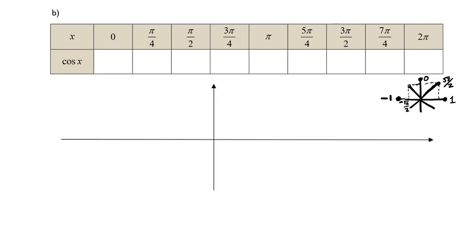At 5 pi over 4, I will be at negative root 2 over 2. 3 pi over 2, again, I will be at 0. 7 pi over 4, I will be at positive root 2 over 2. And at 2 pi, I will be back at 1.